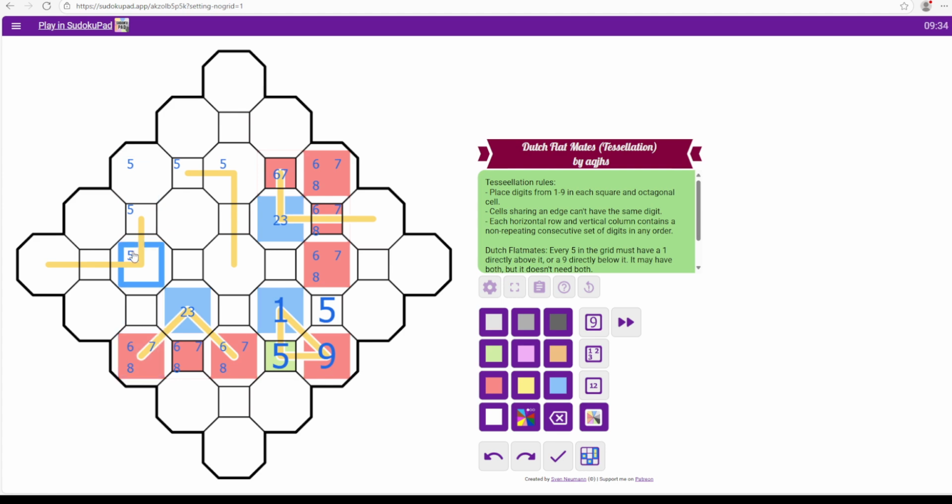So that can't be a 5. 5 here. Would work, I think it works. 5 there works. So does 5 there. 9 is forced in one of 2 places.